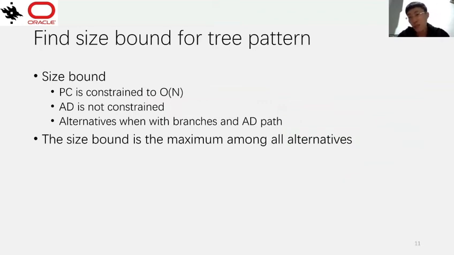PC is very similar to a relational table, which is constrained to O(n), and AD is no constraint to anything. However, when combining branches and AD paths, we can find the size bound from the alternative construction of the constraint. And actually, the maximum value of all alternatives is the size bound.